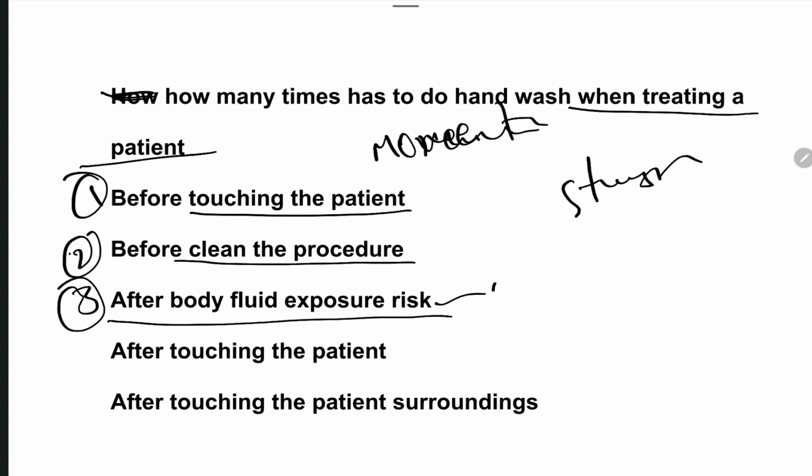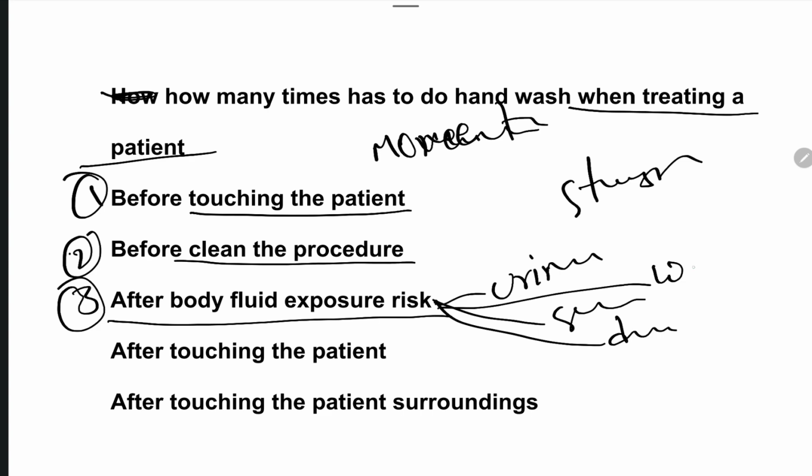For example, urine collection, specimens, some drainage, or wound, whatever the procedure or body fluids we are exposed to, there is a risk, so wash after touching the body fluids. And the next one is after touching the patient.